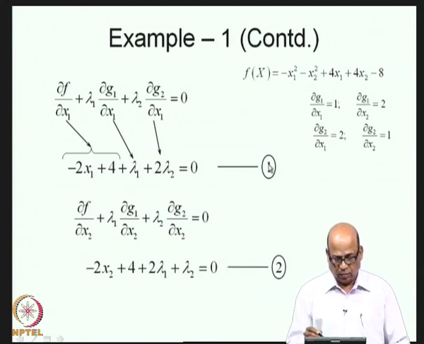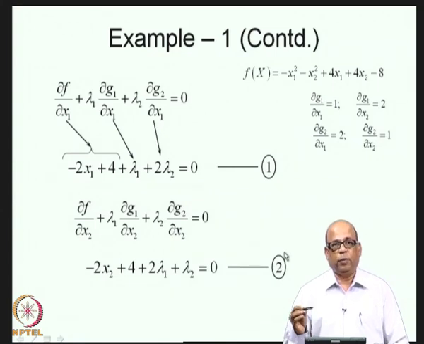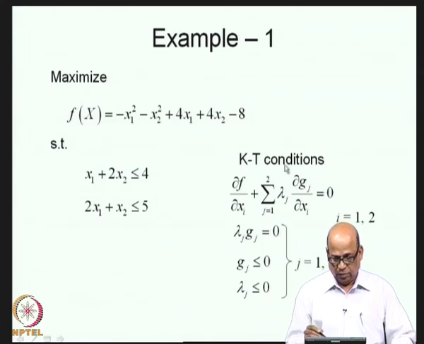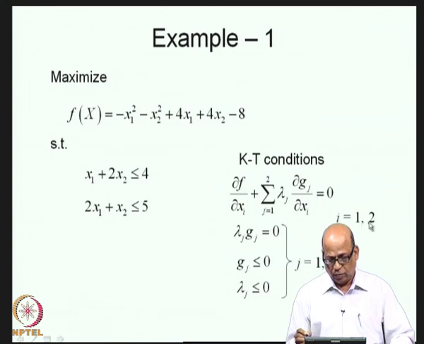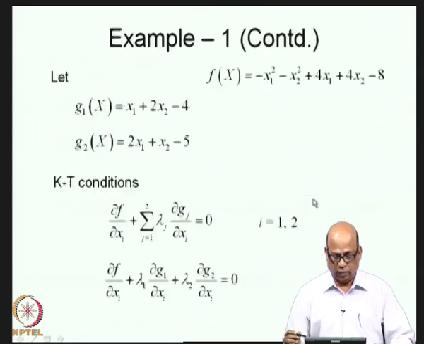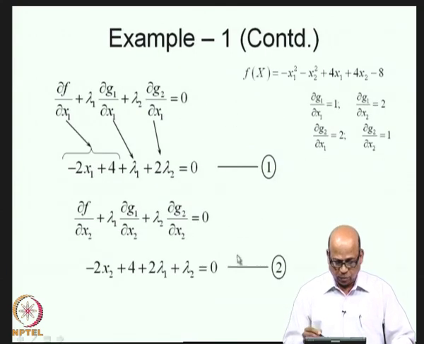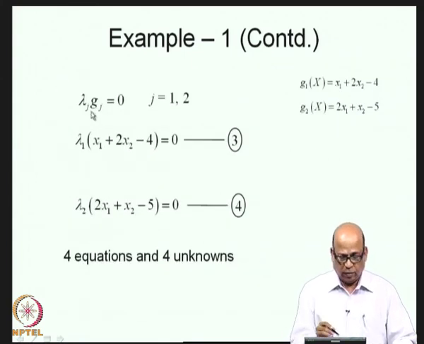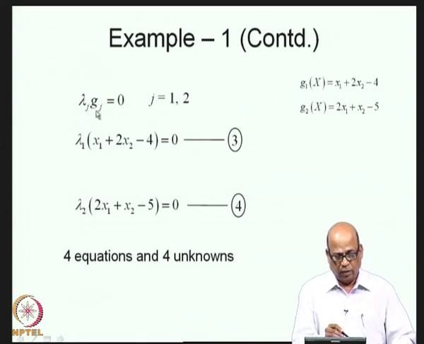So, you get equations 1 and 2 corresponding to the first set of conditions, namely df/dx_i plus the summation j equal to 1 to 2 of lambda_j dg_j/dx_i. This is written for i equal to 1 to 2. So, you get two equations associated with the first set of conditions. Then you also look at the next set of conditions, namely lambda_j g_j is equal to 0 written for j equal to 1 and 2.